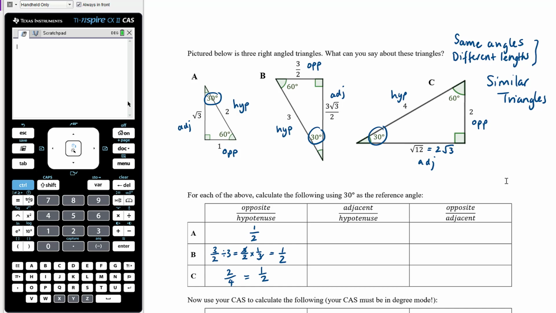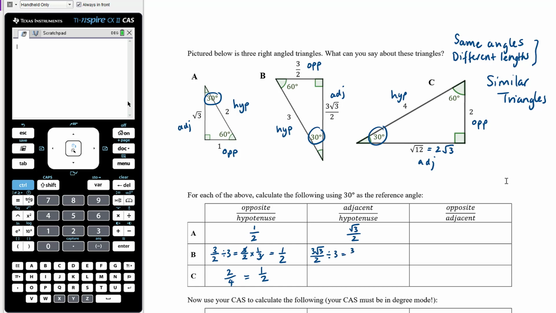If we were to again use the 30-degree reference angle, this time doing adjacent divided by hypotenuse, so in triangle A, that will be √3 over 2. In triangle B, okay, now we're going to need again some steps here because we've got some fractions, 3√3 on 2 divided by hypotenuse is 3.